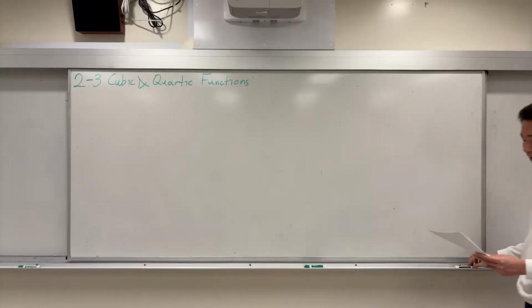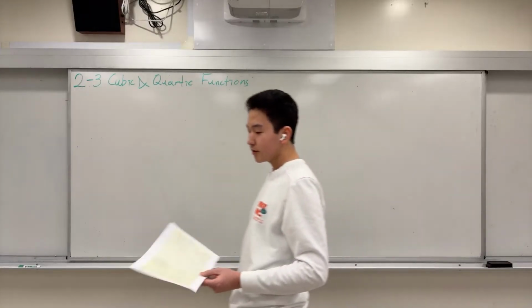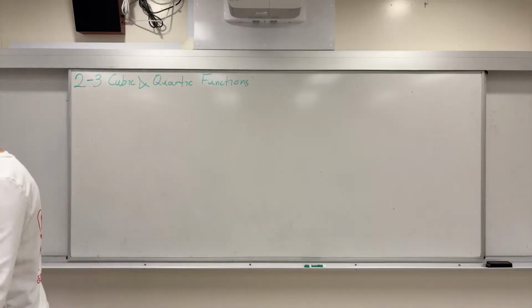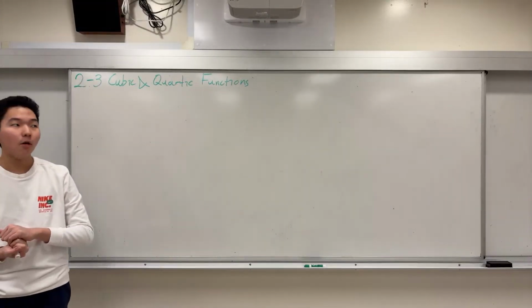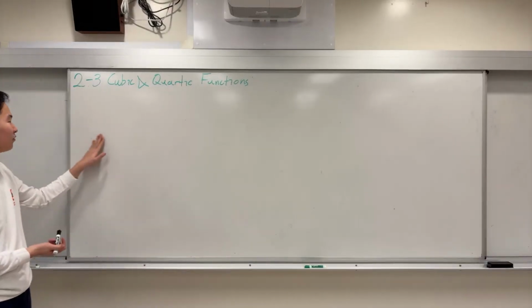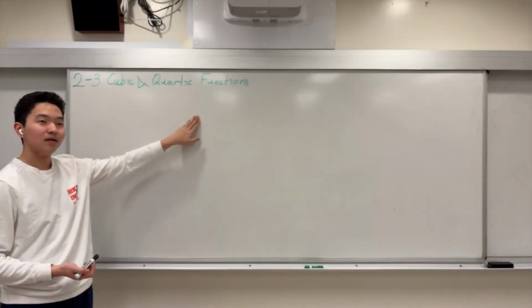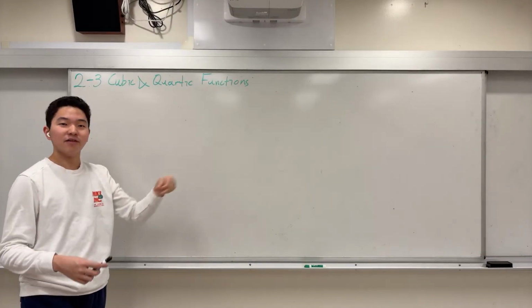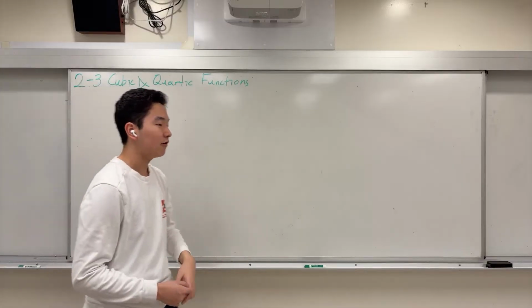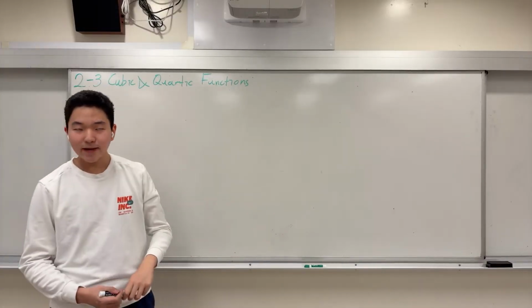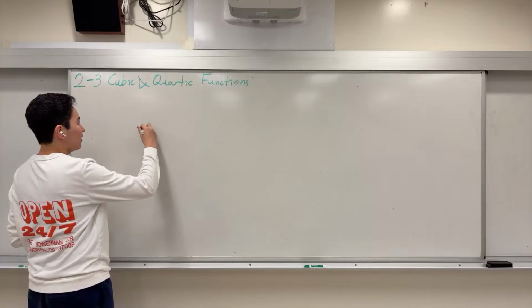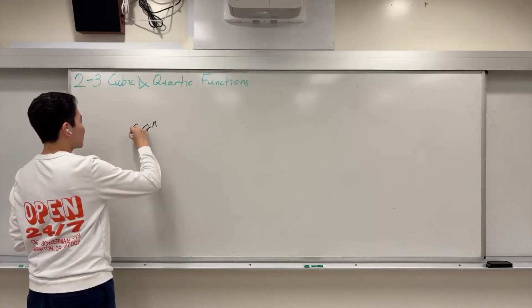Okay, so what are cubic functions? I think I told you the definition of a polynomial function back when we were doing limits, or derivatives, and we were proving the derivative of x to the power of n. A polynomial function is basically the sum of terms that look like this.